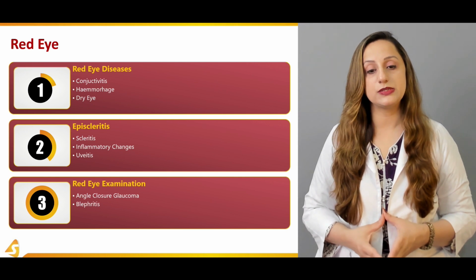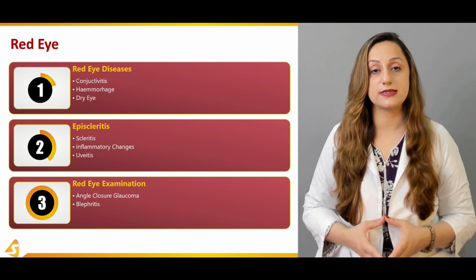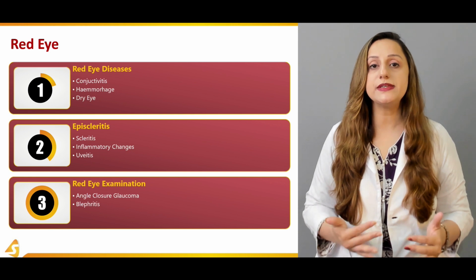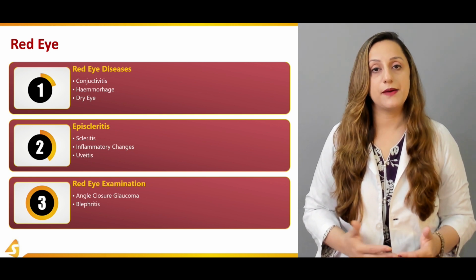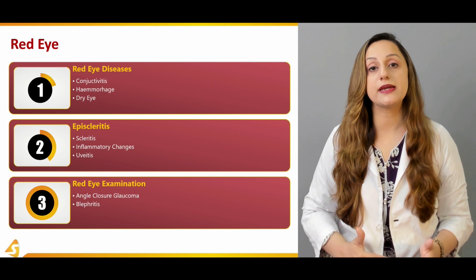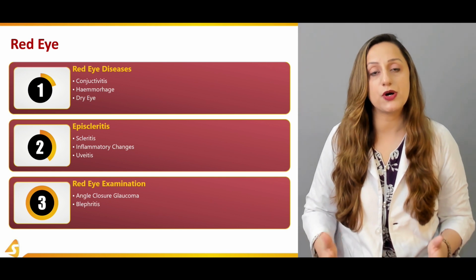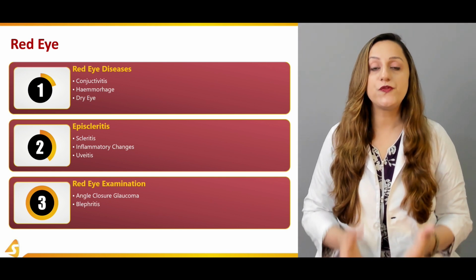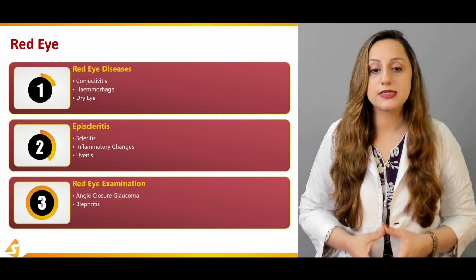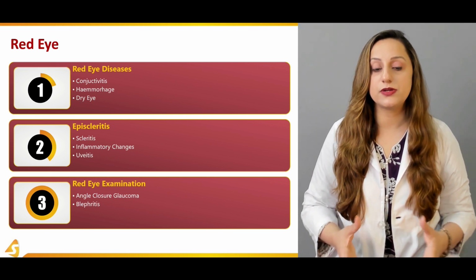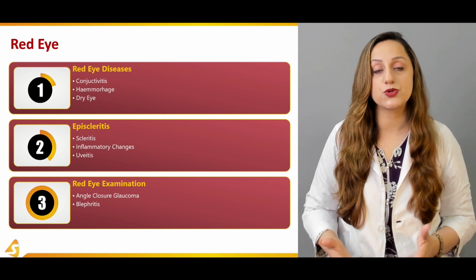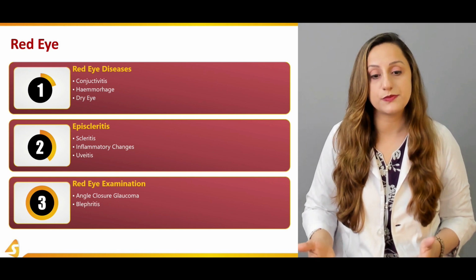On the other hand, we have other inflammatory changes such as uveitis. All of these differential diagnoses have to be kept in mind, and we have to make a conclusive diagnosis in a patient, because the treatment modalities would finally be associated with this final conclusive diagnosis.